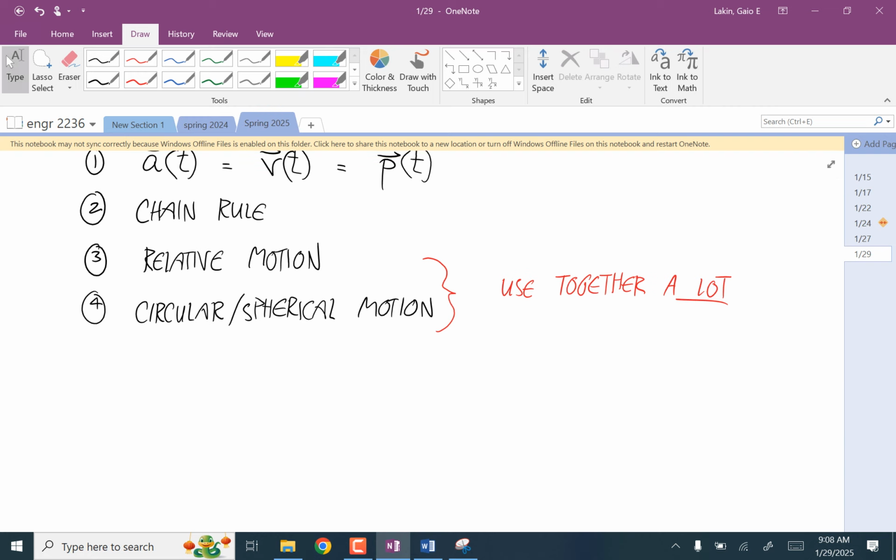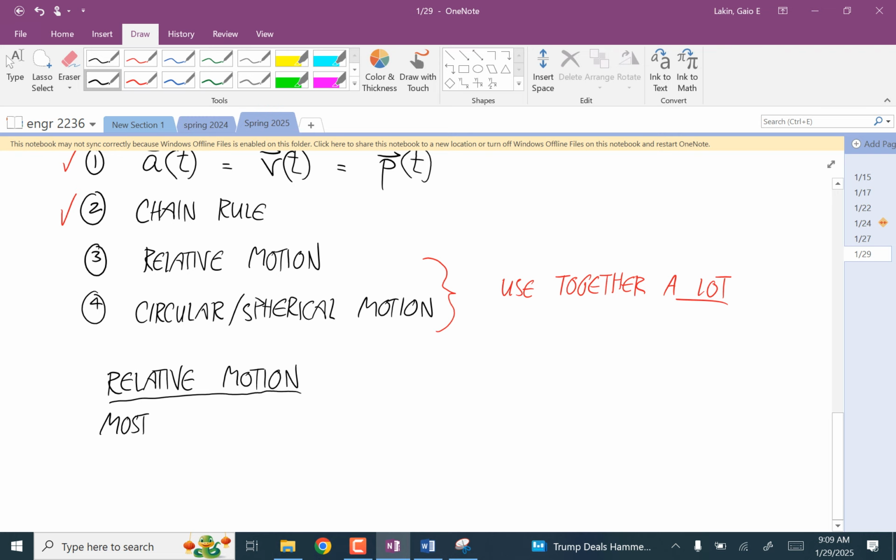Okay, so we've done this one, we've done this one. So now we're getting into relative motion. And maybe the most important use of relative motion in this class is, so I don't know, I'm going to say that's the most important use.